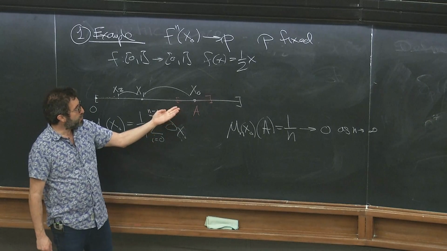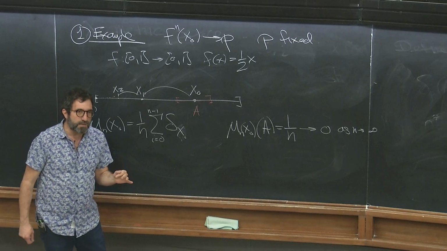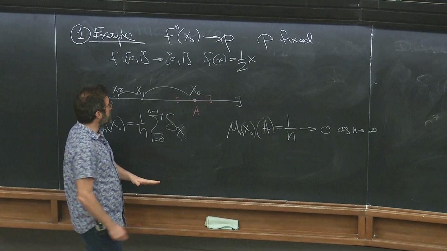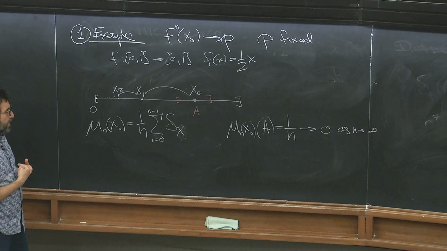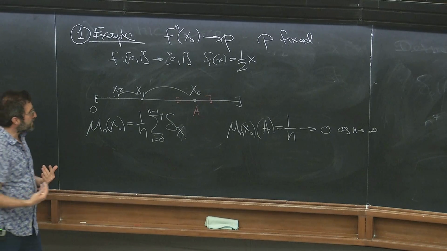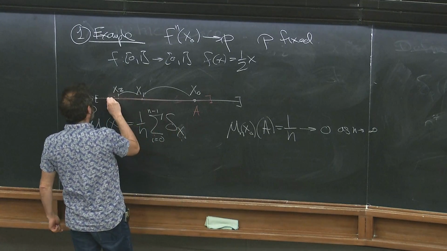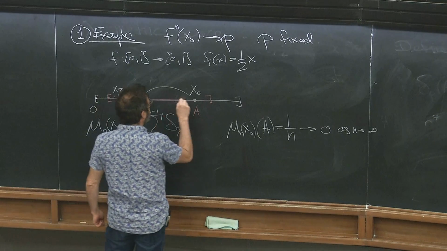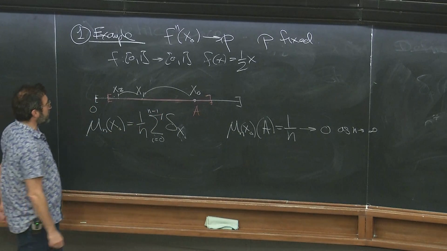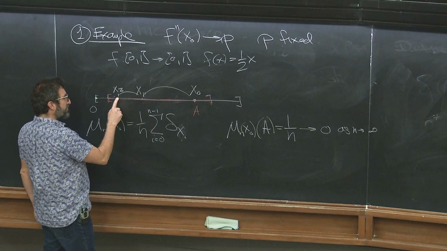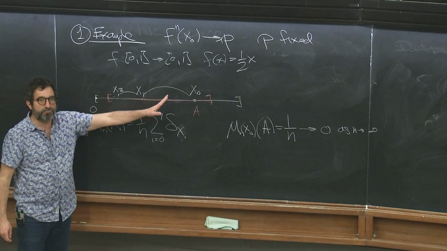this orbit never comes back to A. In the set A, we have one point of the orbit. At every finite stage, this point has some measure because we are distributing the measure evenly along the first n points of the orbit. But this measure becomes less and less as time goes by. Of course, this is true even if we take any subinterval that does not contain 0. Then this interval will contain some finite number of points of the orbit.